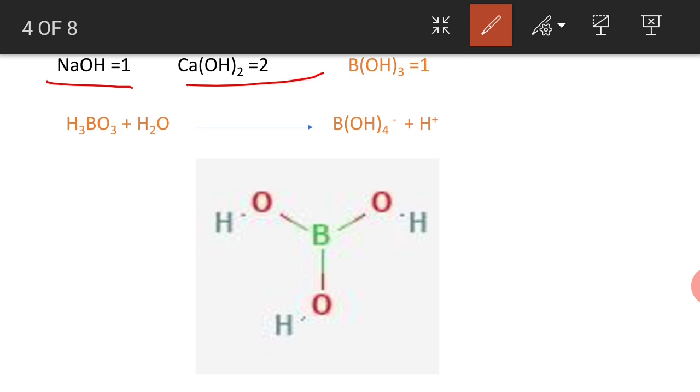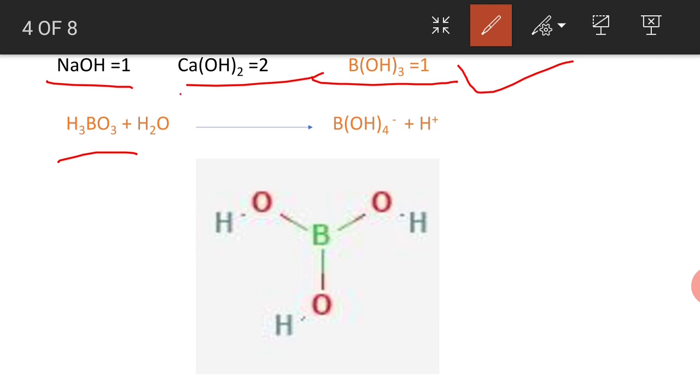Now, the most important example is boric acid, B(OH) whole thrice. The N factor of this boric acid is 1. This is a very strange thing, because if we see the formula, we see 3 hydrogens in the molecule, and it would be normal for it to have N factor 3. But it has N factor 1.